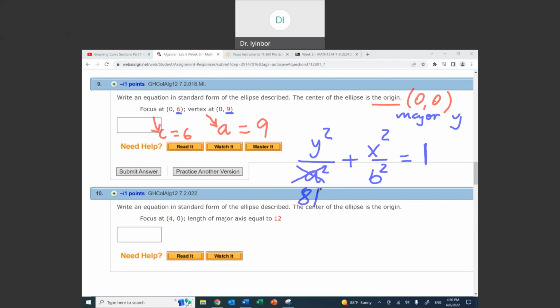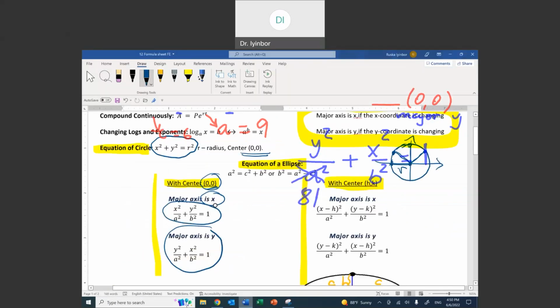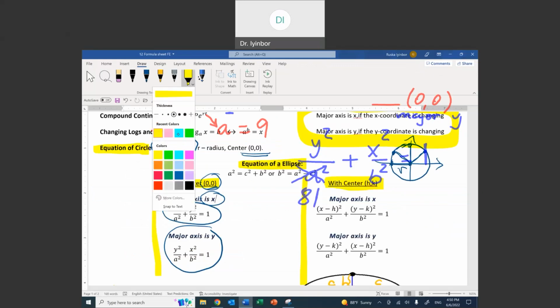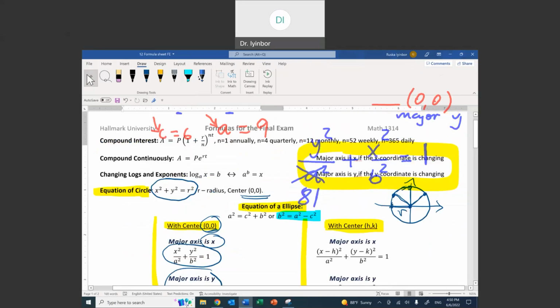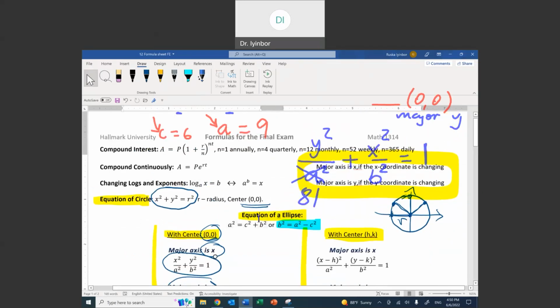So what you need to do for this case, I'm going to show in the formula sheet. There's a formula between a, b, and c. The formula I'm going to use with a blue highlight so I can show you. This is the formula. Right below the equation of ellipse, if you need to find b, this is what you're using: b squared is equal to a squared minus c squared.